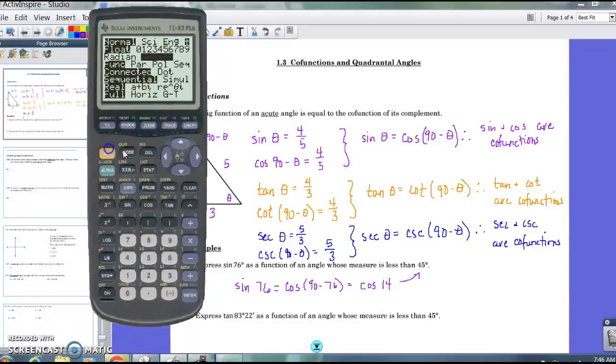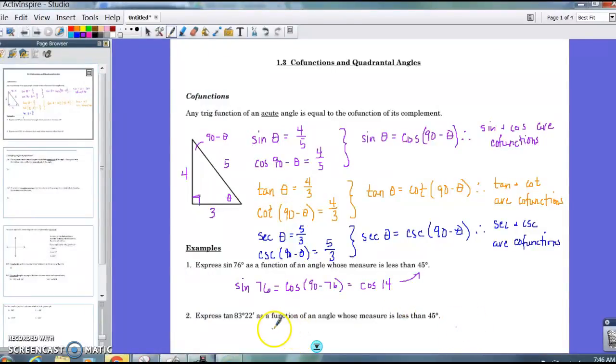Okay, let's try that one more time. Sine of 76. There you go. And then let's do the cosine of 14. You see there that they come out to be exactly the same. The reason it didn't work out the first time was because it was in radians, which we haven't talked about yet, but we'll get there.